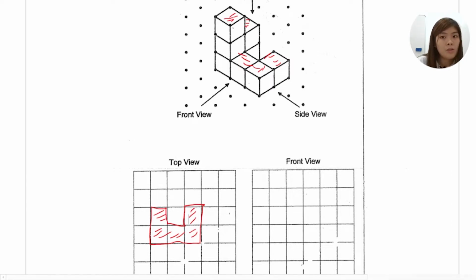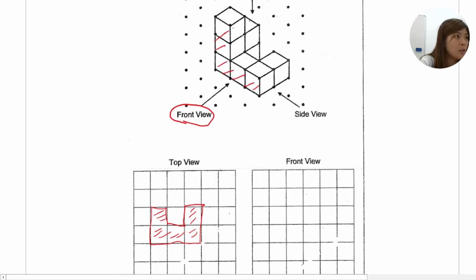For the front view, if you look at this side, the front view is from here. So the front view, what you will see is this. You just draw the same thing here.